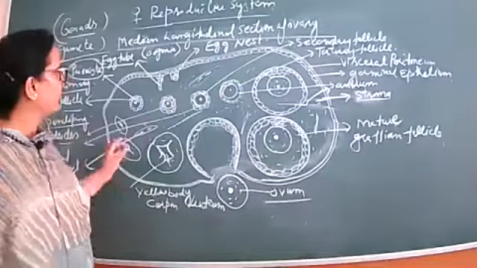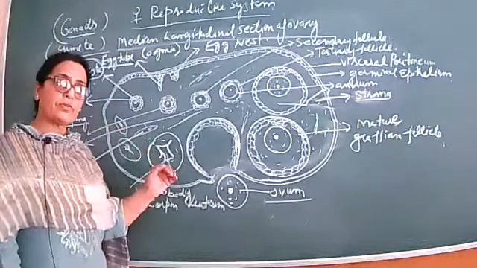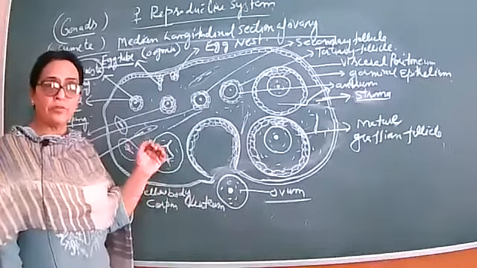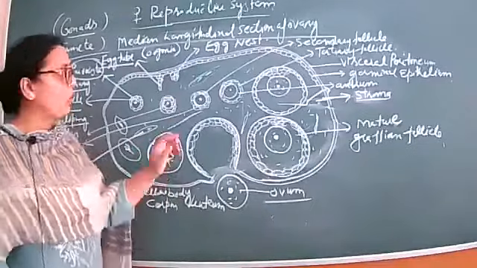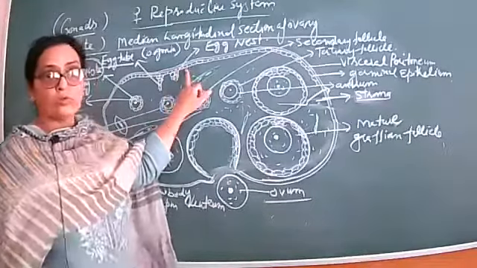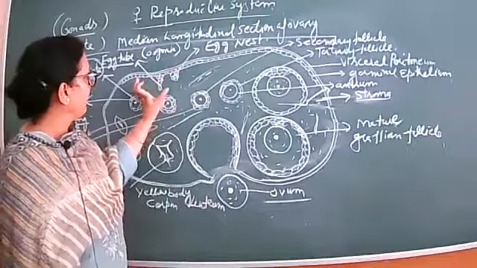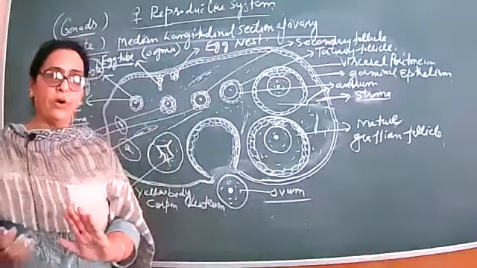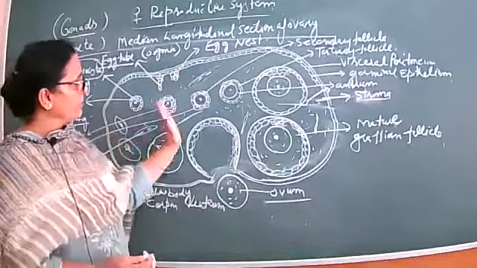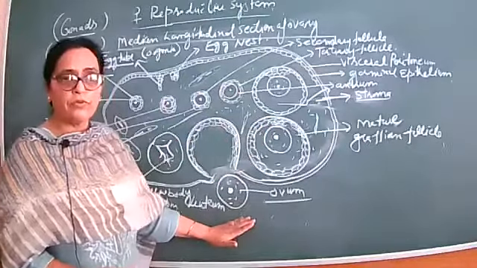After the birth of the female child, no more oogonia are formed. Whatever they are there, they will mature, meiosis will take place and the egg will be formed.